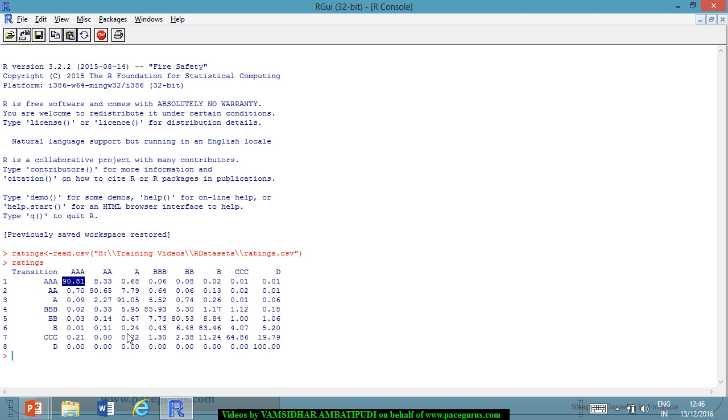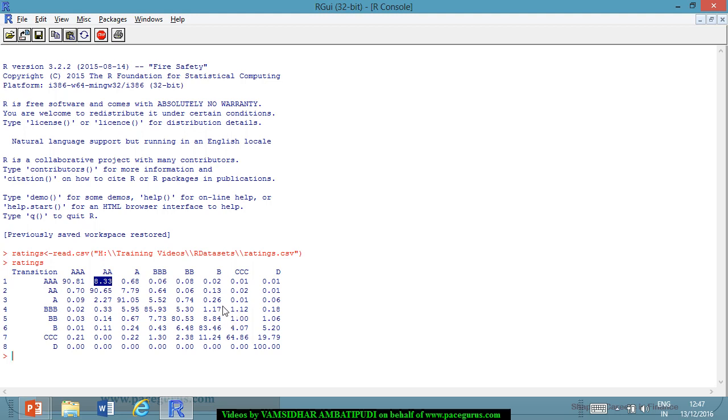So 90.8% of them are in the AAA rating itself, whereas approximately 83 of them have fallen in credit rating to AA, and approximately 0.6 to A. So you can very well do this kind of calculation, based on those numbers, of how many have fallen to A rating, how many have gone to triple B. That is what over a period has given this kind of matrix.